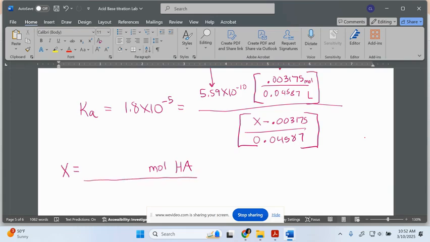If you then divide that by the liters of HA that you started with, which was probably around 30 milliliters, but you've got to convert it into liters, that will give you the molarity of HA. Fun times, huh?